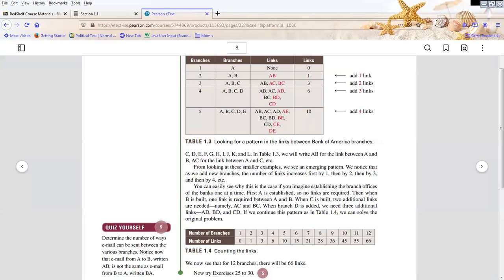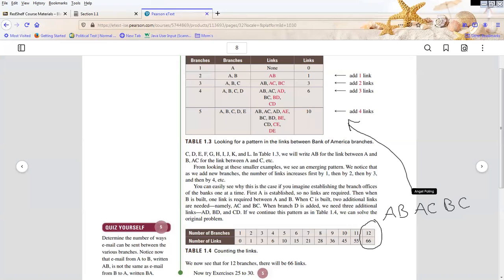So the answer to Quiz Yourself 5 will be this 66 going from one direction, AB, AC, BC, like the chart above illustrates.